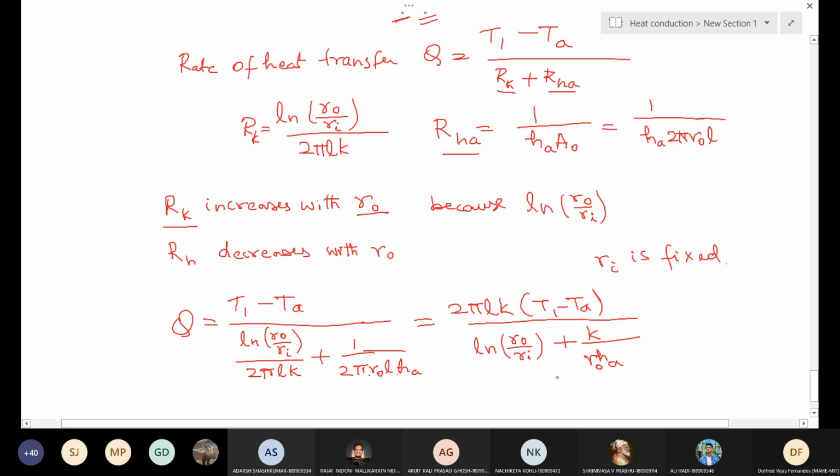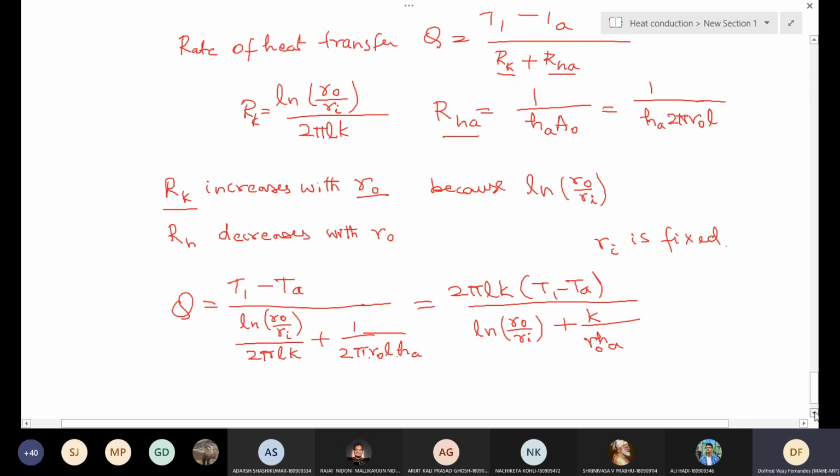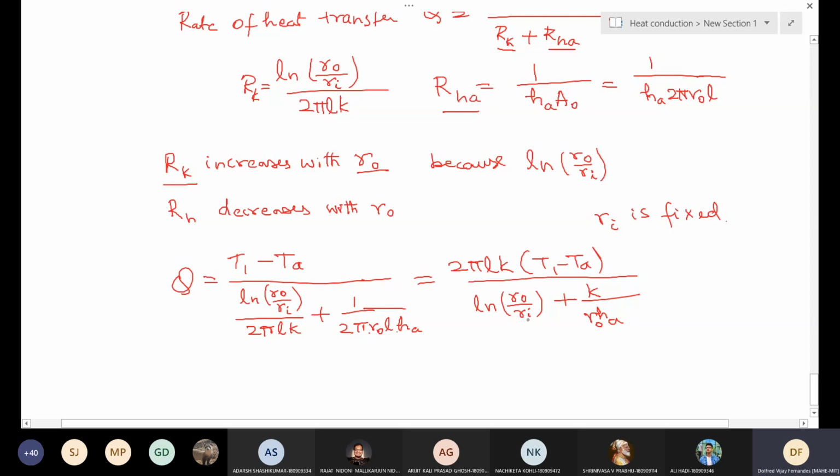So in the numerator, we don't have any control because once you select the material, K is fixed. Length and all those things will not affect, but the denominator is the very important thing for us. That will decide whether the heat transfer will increase or decrease.